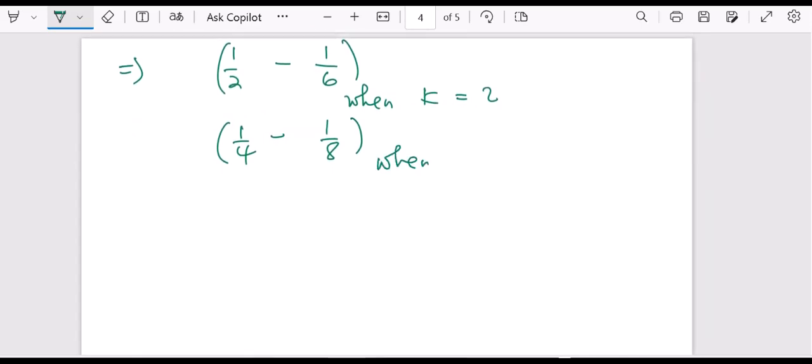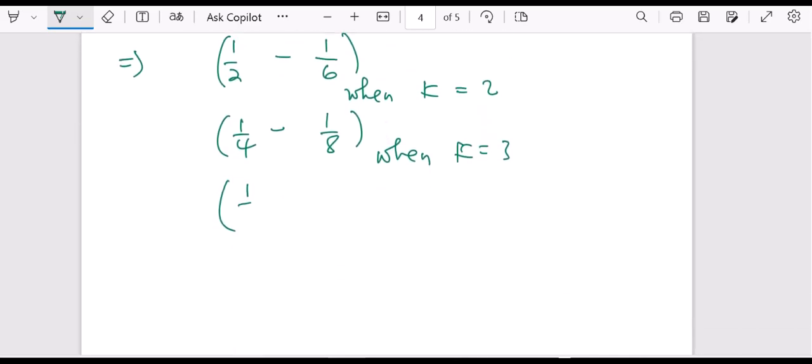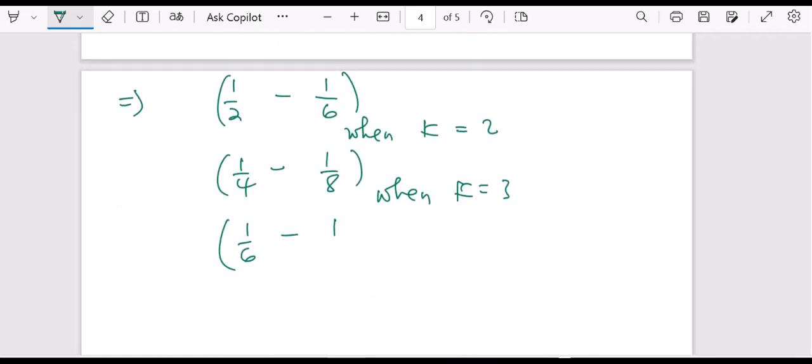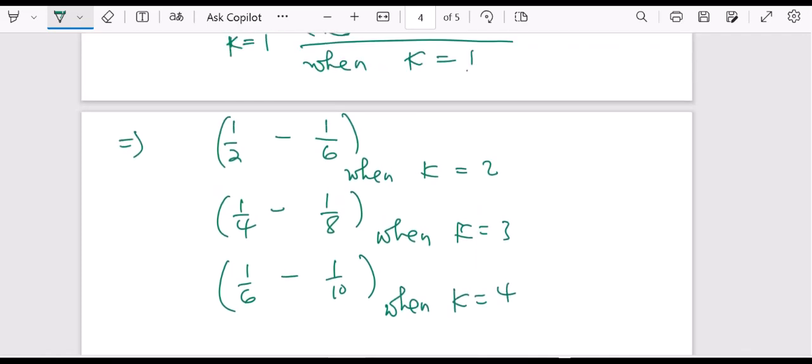Now when k equals 3, we will have 1 over 6 minus 1 over 10, like this. Now when k equals 4, let's see what you get.